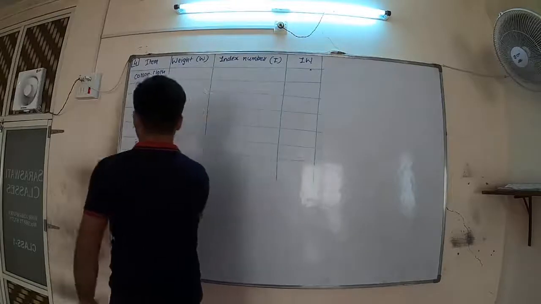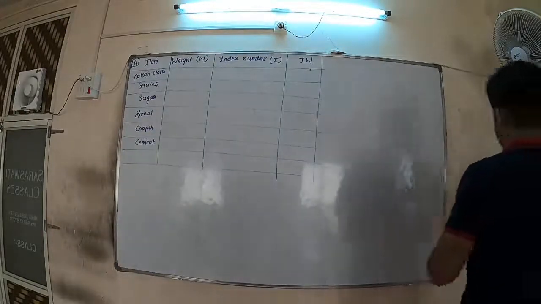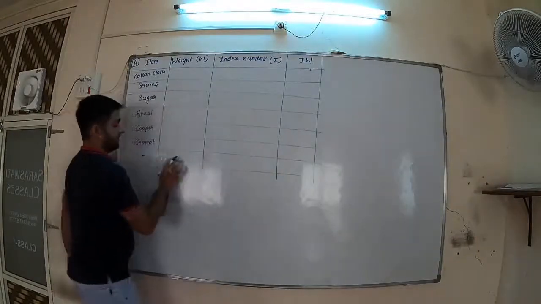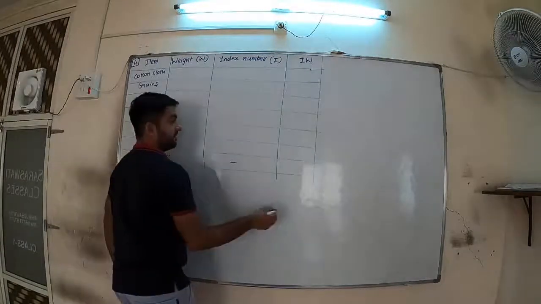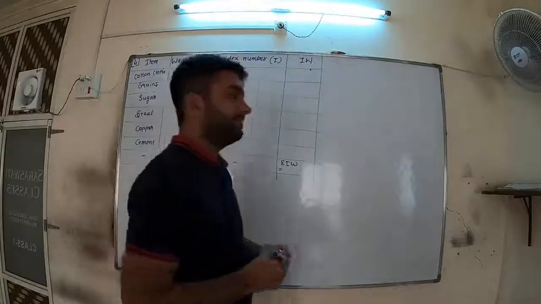This way we are drawing the columns. Now, total of which column is needed? Okay, sigma W we need. So sigma W, I is not required, and IW is required. Okay.